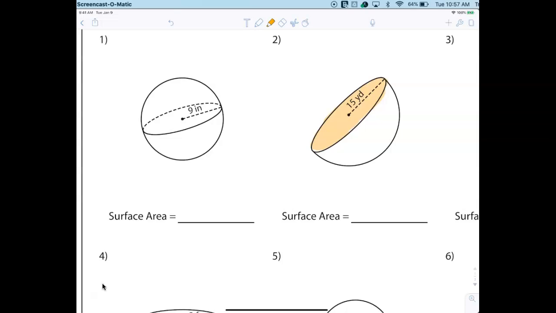Yes, that's exactly correct. So this area right here is, again, what? Yes, that area would be pi r squared. So what would be the technical formula for the surface area of a hemisphere? Pi r squared times 2?